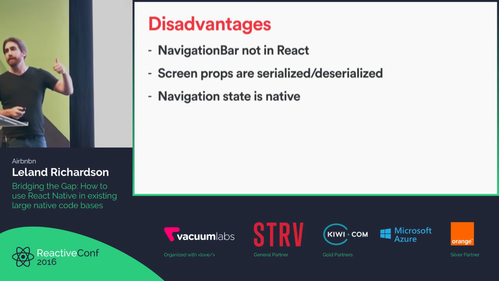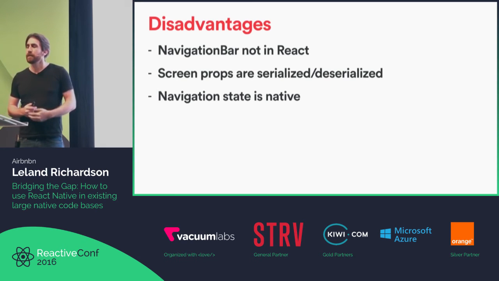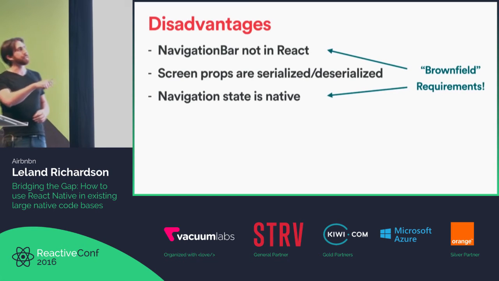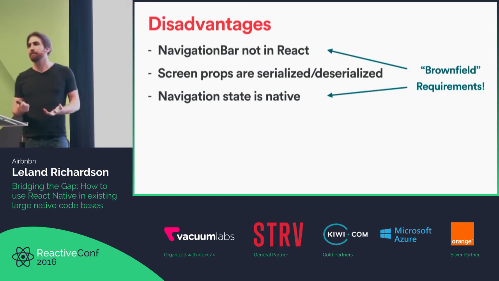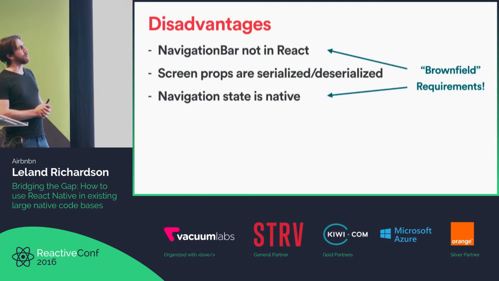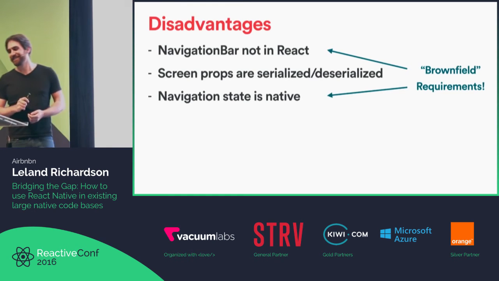Also, navigation state is native. It lives natively. You can't really query it in your app. Hasn't really been an issue for us. It's worth pointing out that these two are actually requirements for us. We couldn't have it any other way. And it's also worth pointing out that I'm going to try and solve the first two issues before open sourcing it.